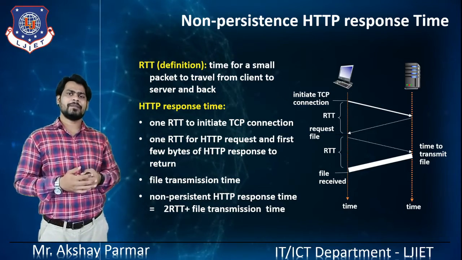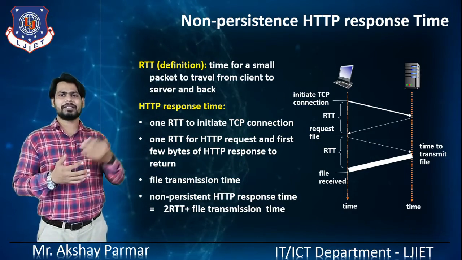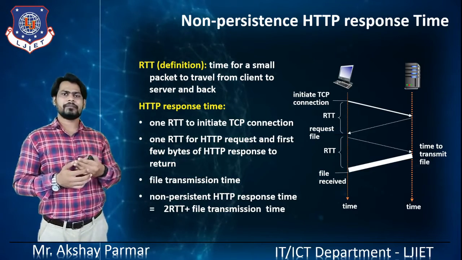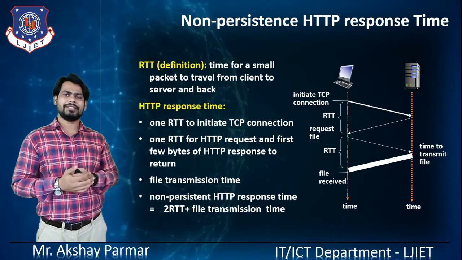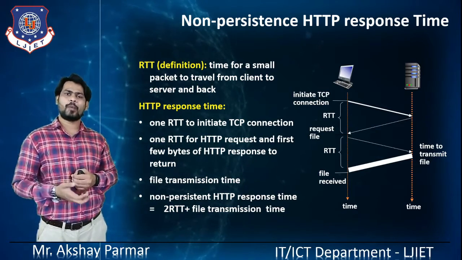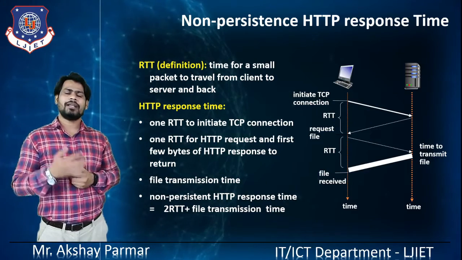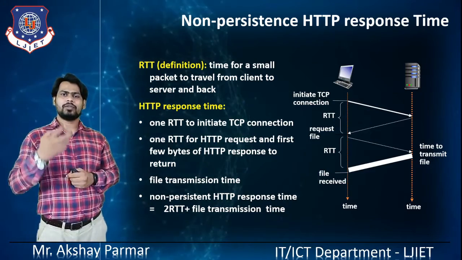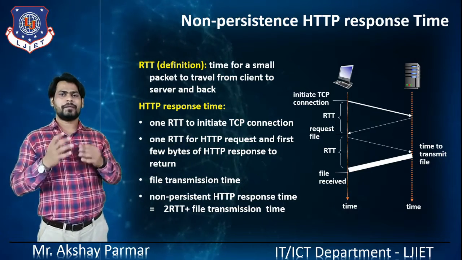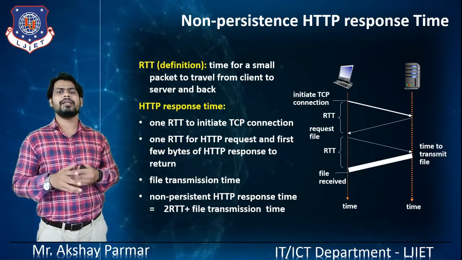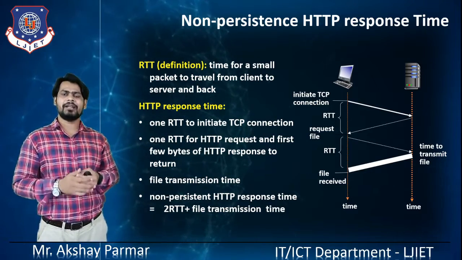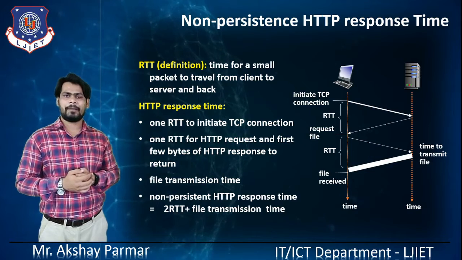After getting the request, the server establishes a connection with the client and acknowledges that the connection is established. After that, the client can request the desired object, right? So that is called one round trip time. One round trip time is considered for the connection establishment, so TCP connection establishment takes one round trip time.